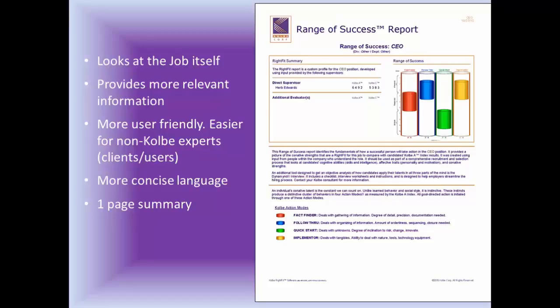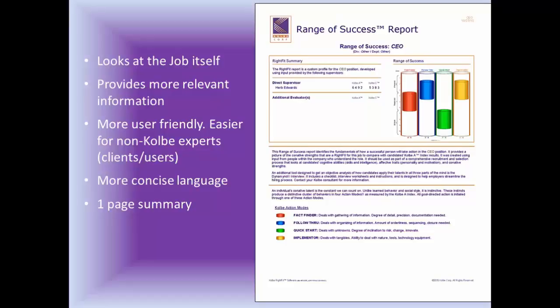We've kept the information and the analysis that helps Colby certified consultants, but we've made it so that these reports are more user-friendly for people who are maybe seeing this for the first time, or they're responsible for filling a particular job, but they are not the Colby experts in their organization. So these reports will really make more sense to them, and I think that in the end that's going to make those people a lot more interested in using the reports and using Colby in the selection process.